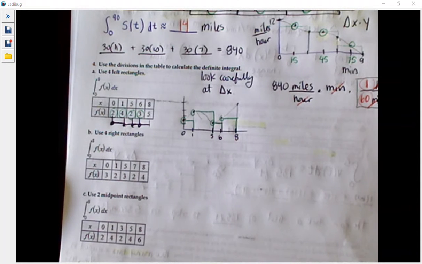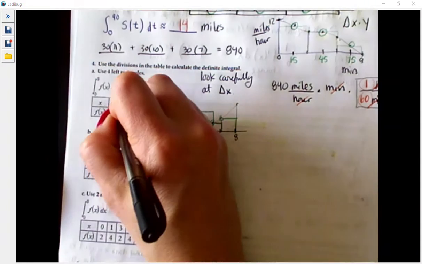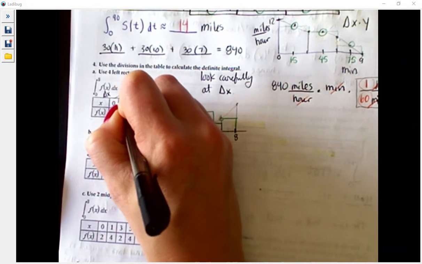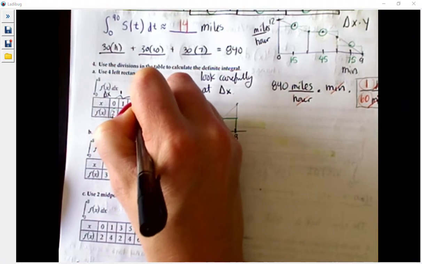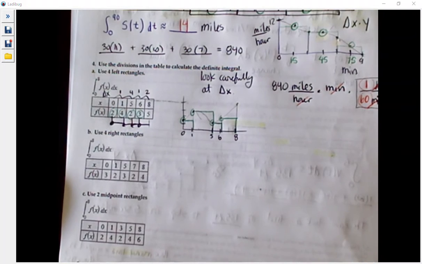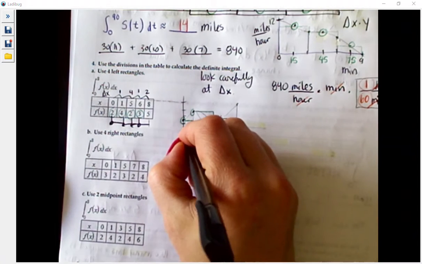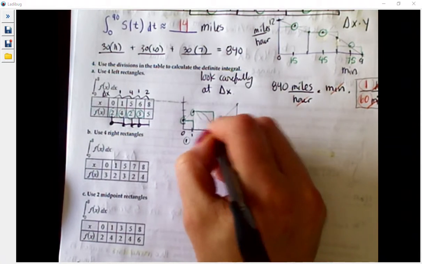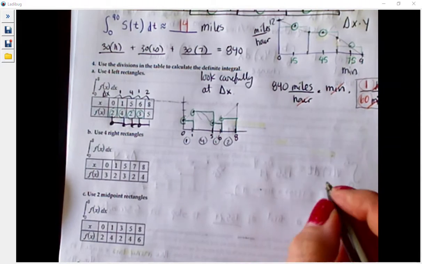Then I have to figure out how wide each rectangle is. What's your change in x? Well, it's a 1, and then it's a 4, then it's a 1, and then it's a 2. And I can see that based on the diagram I have. My delta x is 1, and then it's 4, then it's 1, and then it's 2.